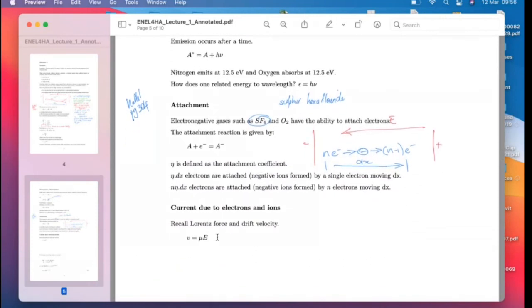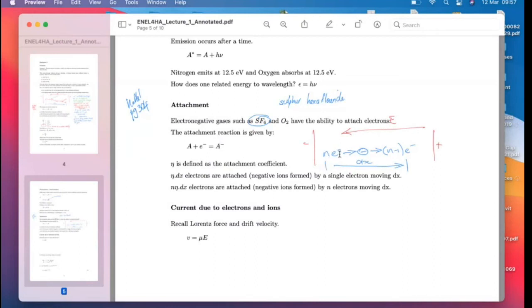We have something called attachment. Electronegative gases such as SF6 and O2 have the ability to attach electrons. So if we have a free electron in a gas, it'll attach to a molecule and it'll leave us with a negative ion.